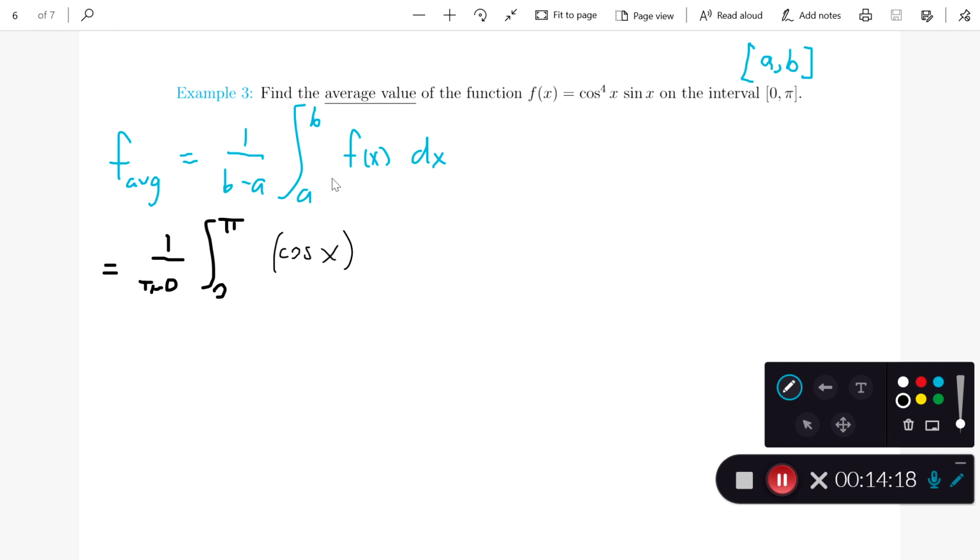Remember, when they write the 4 there, that's the same thing as making it to the 4th. And we've got sine of x dx.